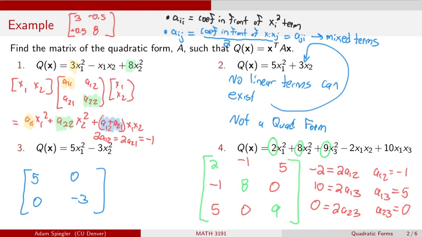To find aij, assuming that i is not equal to j, we take the coefficient in front of the mixed term and divide it by 2. That's going to be the value for aij, and for aji. So it's the mixed terms in the formula, if there are any, that tell us the values for the off-diagonal entries, and it's the coefficients in front of the squared terms that tell us the entries on the main diagonal.